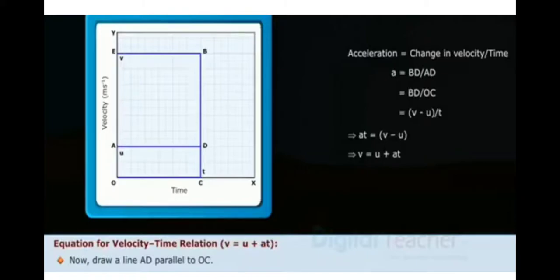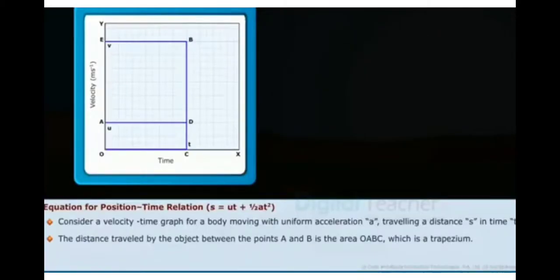Acceleration equals change in velocity by time, a equals BD by AD, that equals BD by OC, which equals v minus u by t. This implies at is equal to v minus u, which implies v is equal to u plus at.